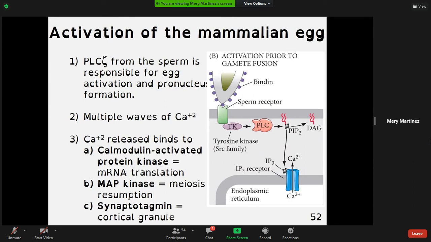So the amplitude and duration of the number of calcium waves regulate the timing of mammalian egg activation.